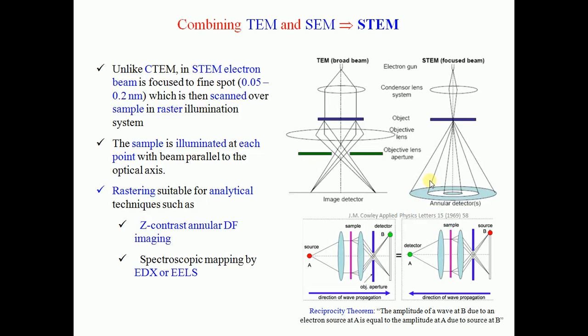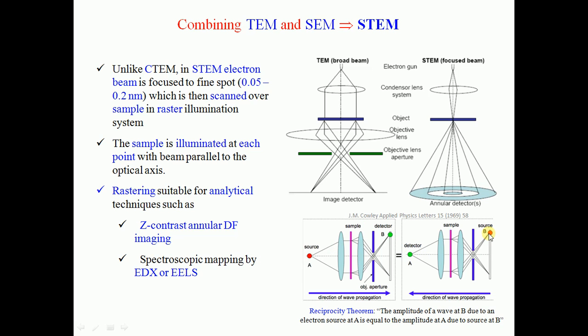If we combine TEM and SEM, then it forms the STEM, and it is based upon the reciprocity theorem. What does the reciprocity theorem say? Here is the source, here are the lenses, this is the sample, and this is the detector. When the source is replaced by the detector and vice versa, it means here the detector is there and here it is the source.